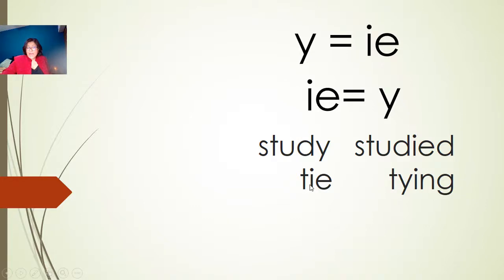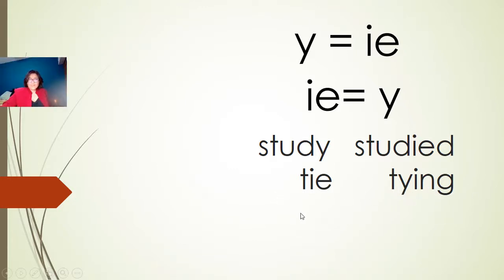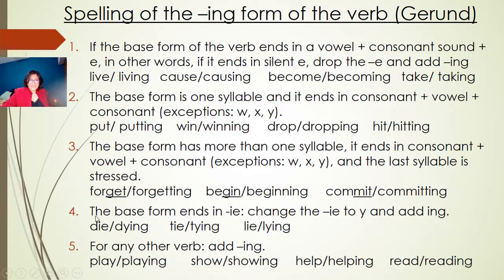If you have an IE, like in tie or die, we would change the IE to a Y to keep the pronunciation, tying, without having to have an IE, ing. No, that would be terrible spelling. So tying. So that's it. Die, dying, tie, tying, lie, lying.